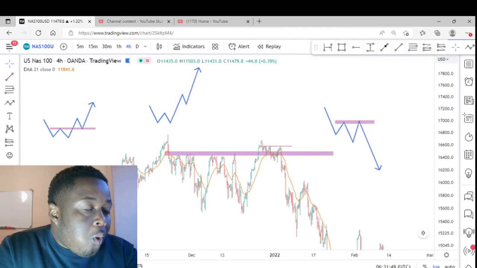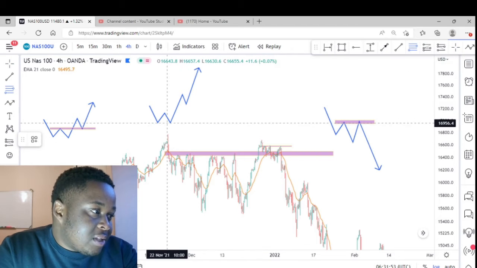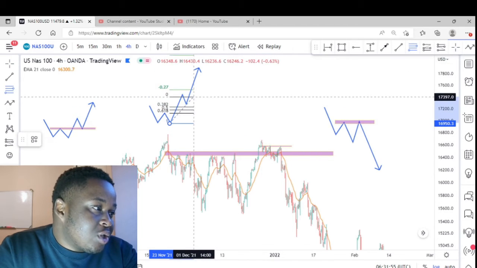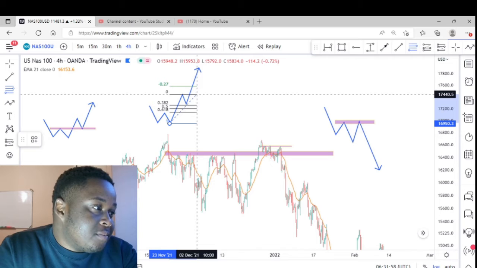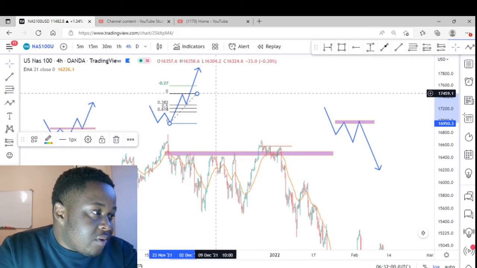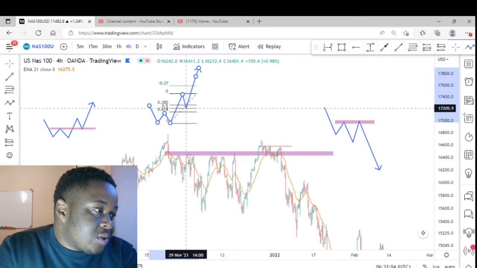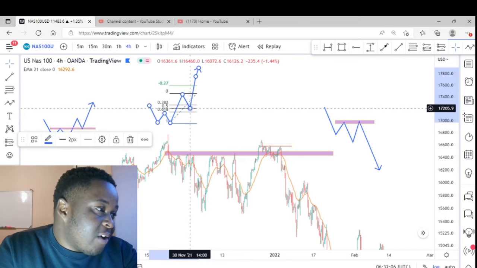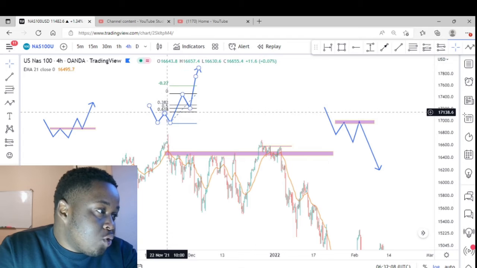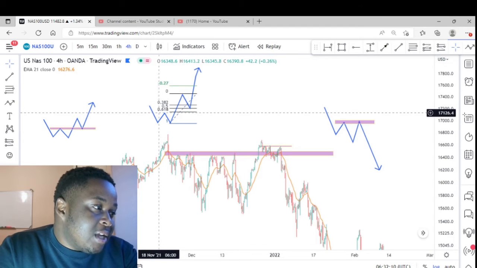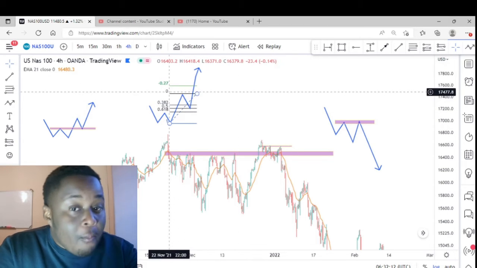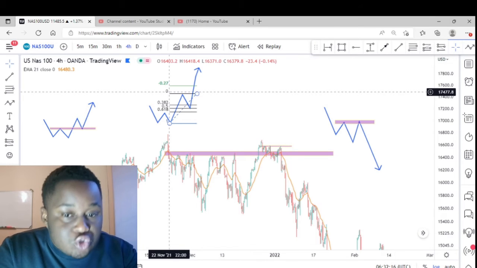So let me drag my fib. To identify an exhaustion and have a nice entry, this exhaustion has to at least be on the 518. You understand me? Still not at the retest, but for me to take a trade, it has to have a significant exhaustion.